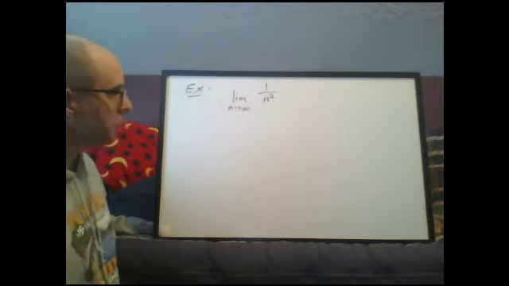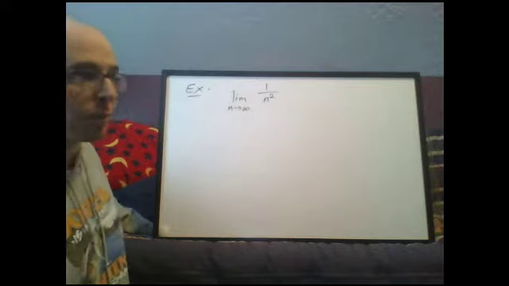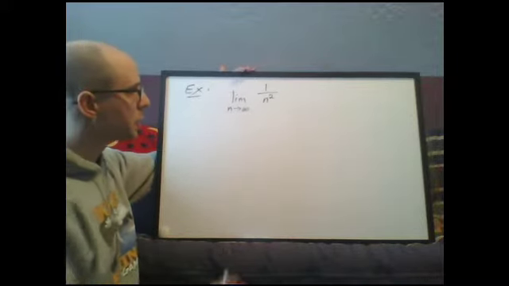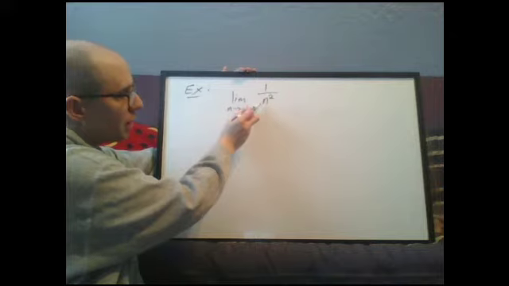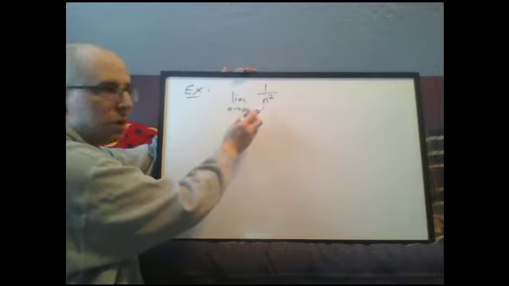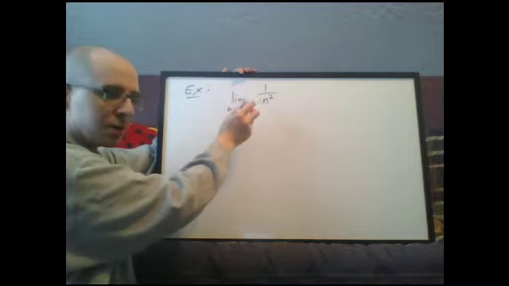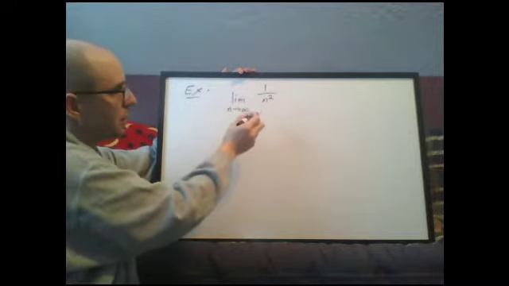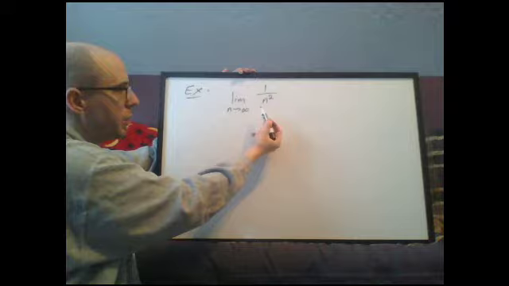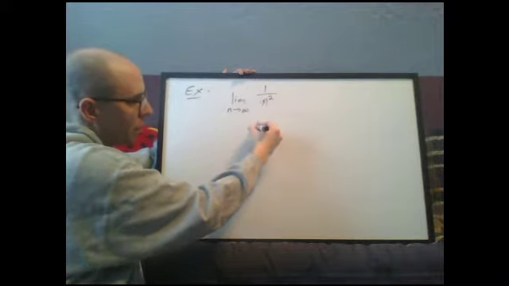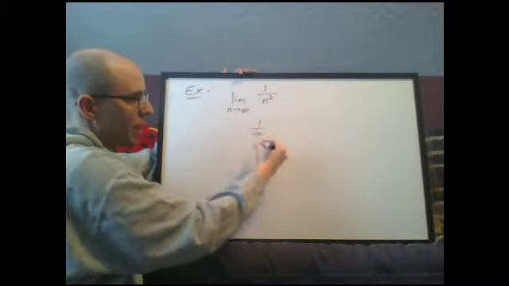Just to remind you of the intuition with some of these infinite limits. As n grows to infinity, the denominator here is growing larger and larger. The numerator is just a number, so 1 divided by a very large number is going to be a very small number. So as this denominator grows to infinity, informally we think about what is 1 divided by infinity.